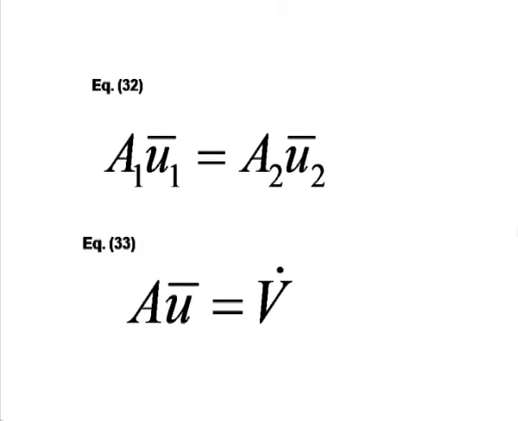According to equation 33, under steady state conditions, the volumetric flow rate remains constant. The preceding mathematical development will be valid only if you use mean velocity u bar for the given cross section. The use of the bar on the symbol u indicates that it represents a mean value for the velocity.